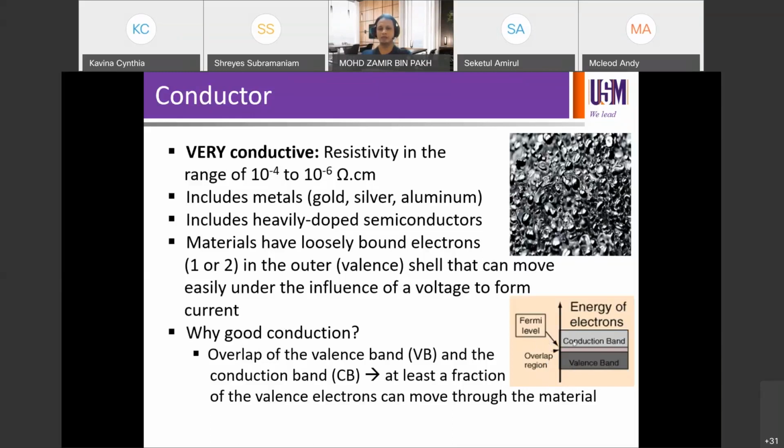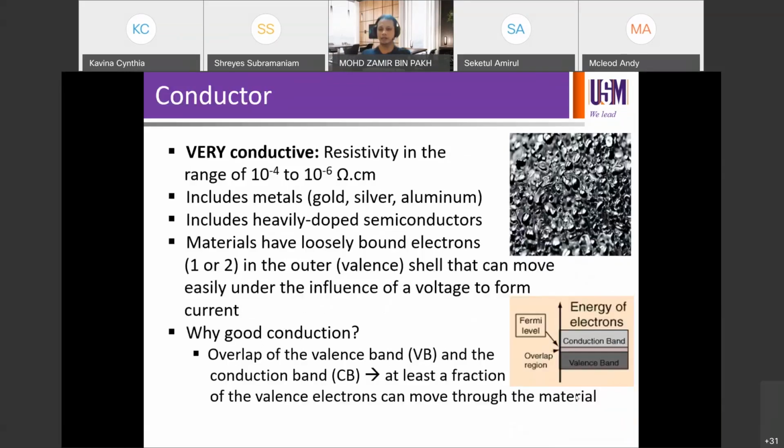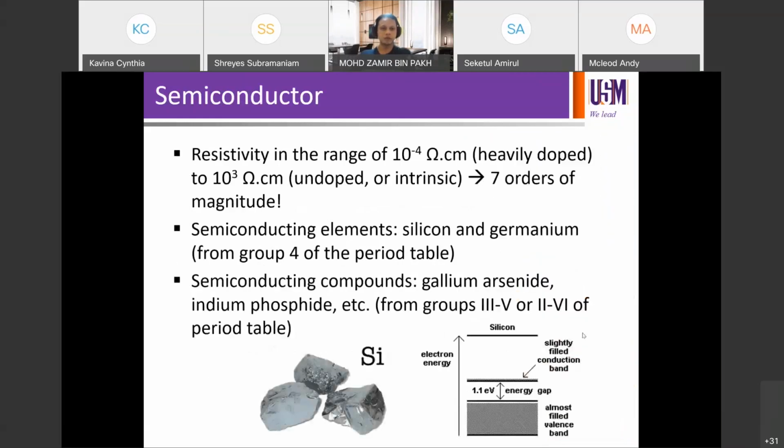So that means the region in between, due to the overlap, the outer electrons are already there to do the conduction, in comparison to this, where they have to actually cross the gap, right? Cross the gap in order to reach the bottom part or the edge of conduction band in order to do the conduction. While in this case, it's natural because of the overlap, right?